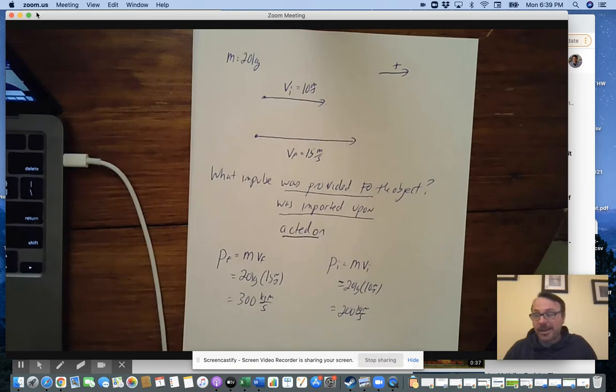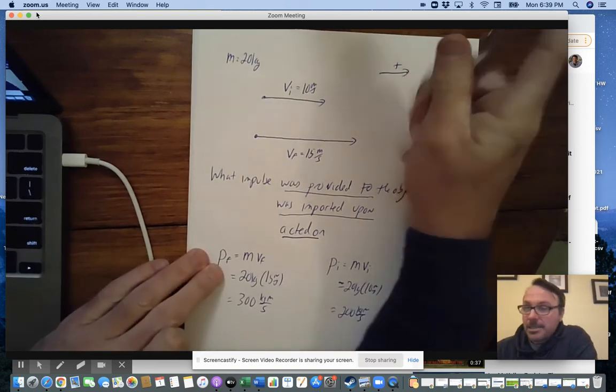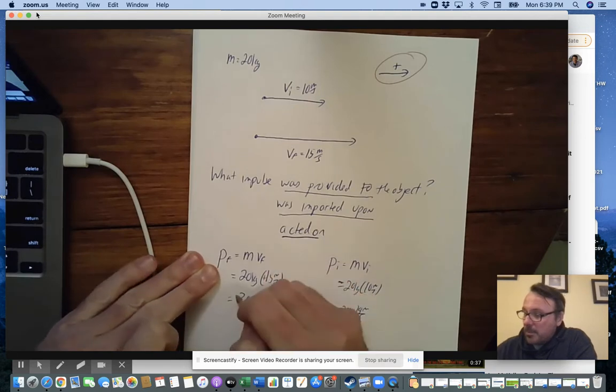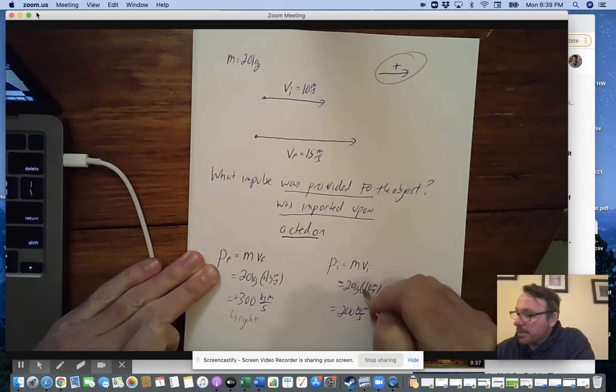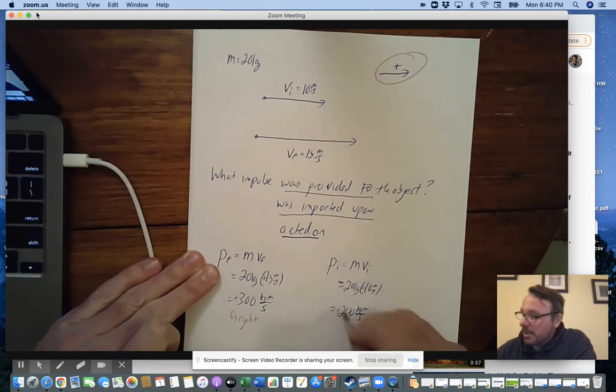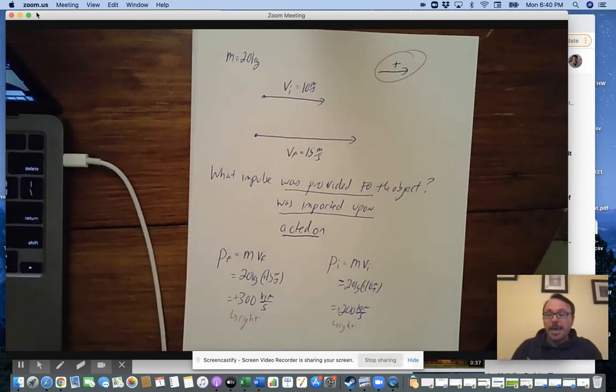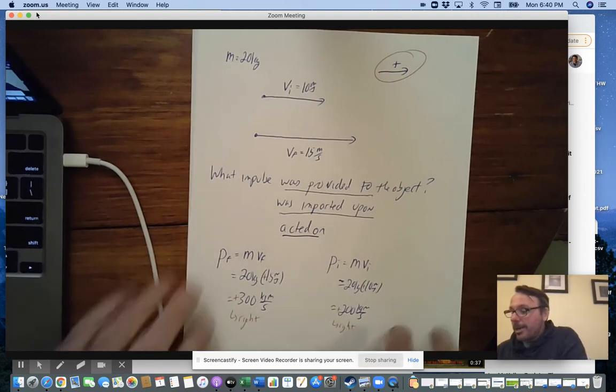Now, let's talk about the vector nature of this, because I said to the right is positive. So this is technically 8 plus 15, and that's plus 300, and that is to the right. And this is plus 10, and this is plus 200, and that is also to the right, okay? That means then, what is my impulse?